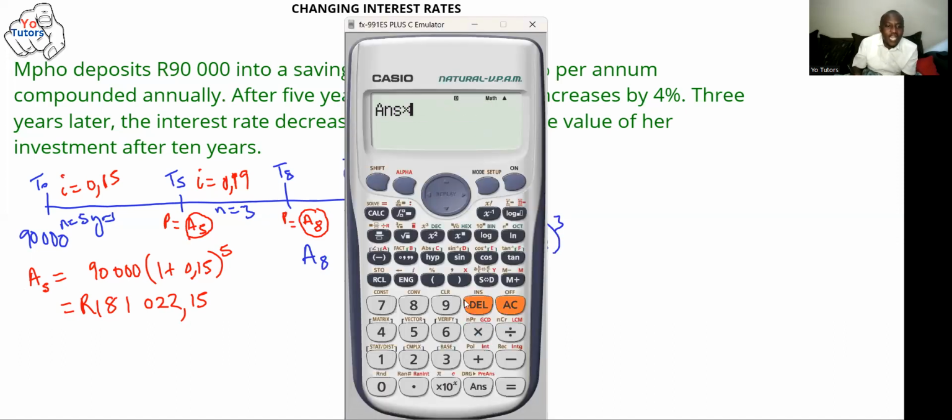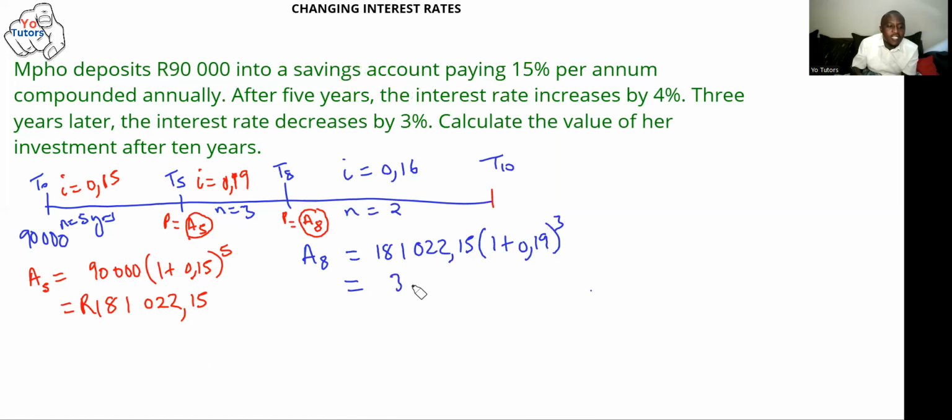We're just going to say times 1 plus 0.19 in bracket to the power of 3. What do we get? 305,051.51.